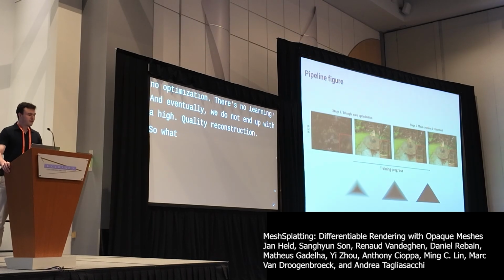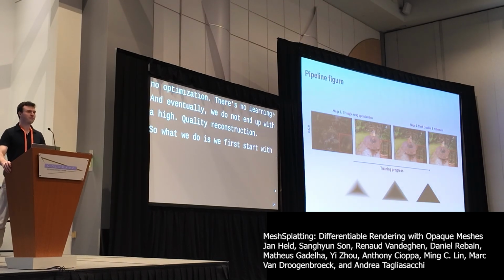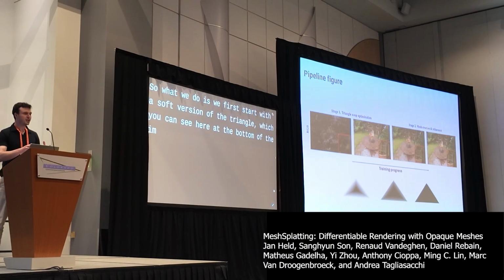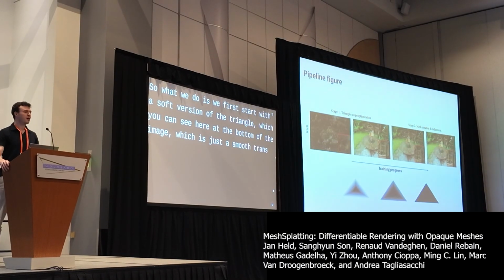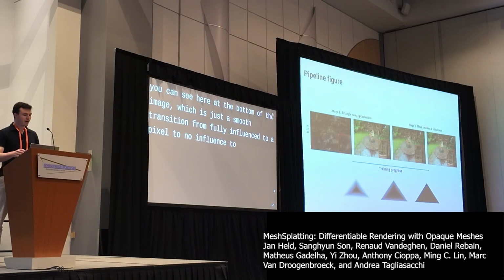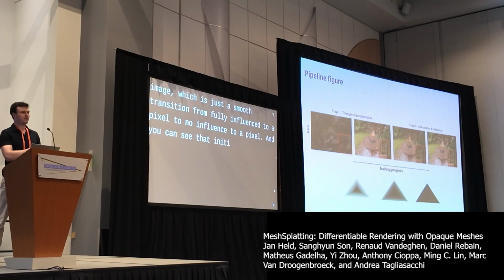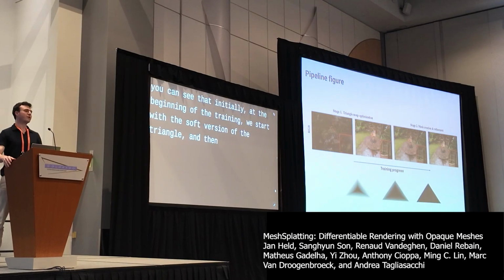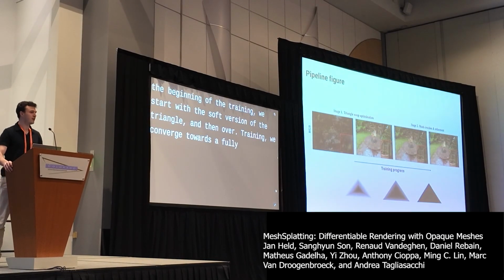So what we do is we first start with a soft version of the triangle, which you can see here at the bottom of the image, which is a smooth transition from fully influencing a pixel to no influence on a pixel. You can see that at the beginning of the training, we start with the soft version of the triangle, and then over training we converge towards a fully opaque, solid triangle.